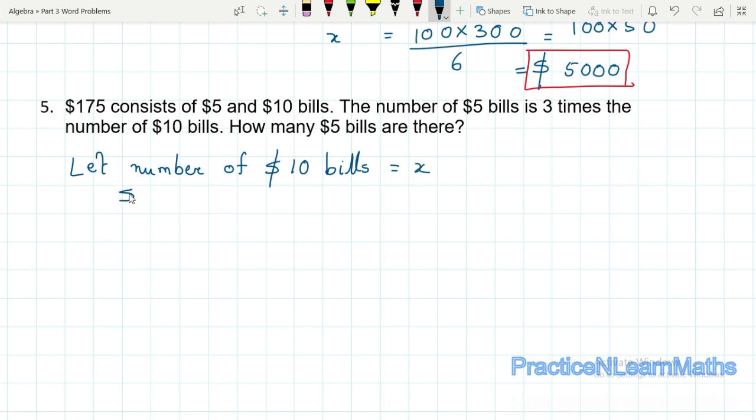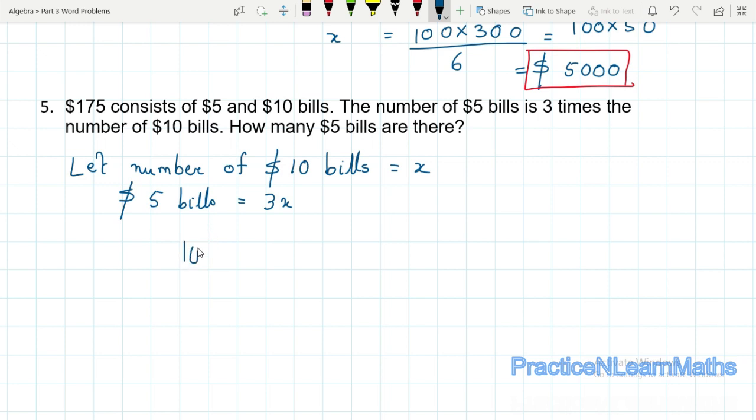So $5 bills is equal to 3 times the number of $10 bills, so 3x, and the total amount is $175.